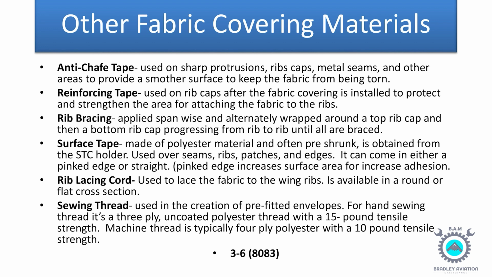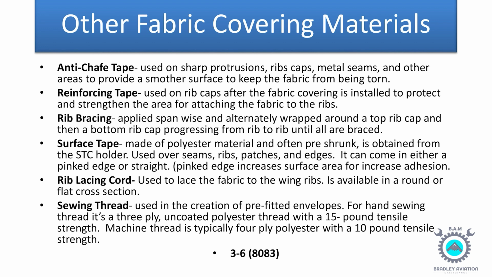Surface tape, made of polyester material and often pre-shrunk, is obtained from the STC holder and used over seams, ribs, patches, and edges. It can come in either pinked edge or straight. Pinked edge increases surface area for increased adhesion. Rib lacing cord used to lace the fabric to the wing ribs is available in a round or flat cross-section.